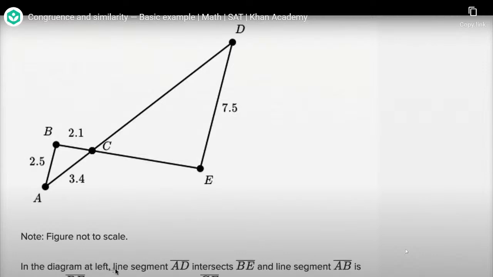So we have AC by CD, but we don't have those, right? No, it will be AB by DE equals CE by BC.